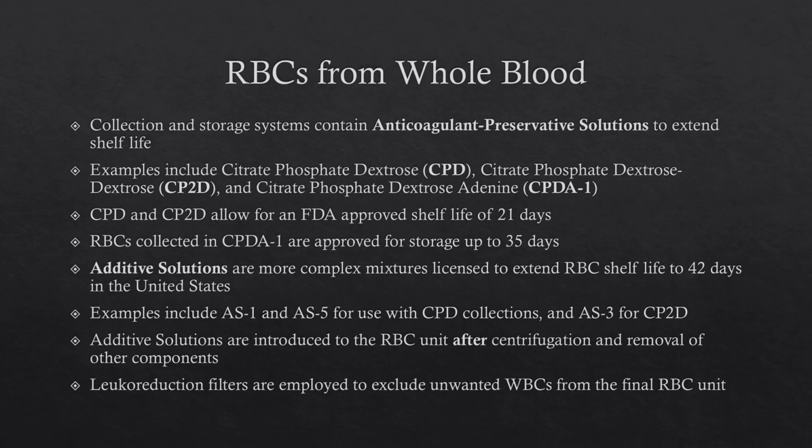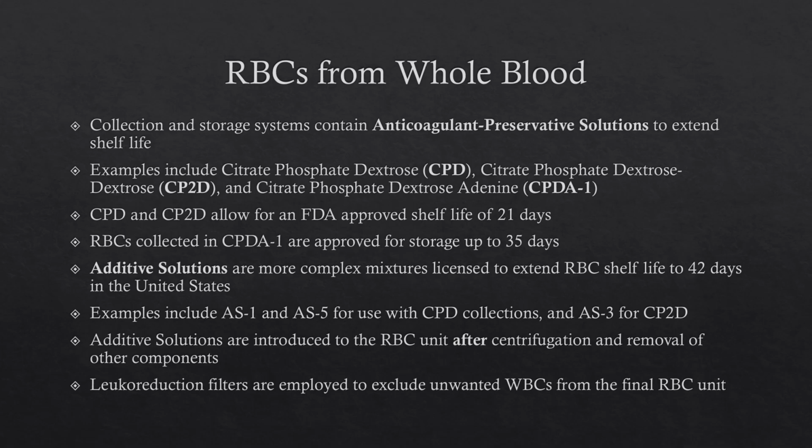With an additive solution, you can really extend the shelf life of an RBC. You can get up to 42 days with AS in the United States. Some examples are AS1, AS5 for CPD, and AS3 for CP2D. These additive solutions just go on the red cell, on the RBC component.